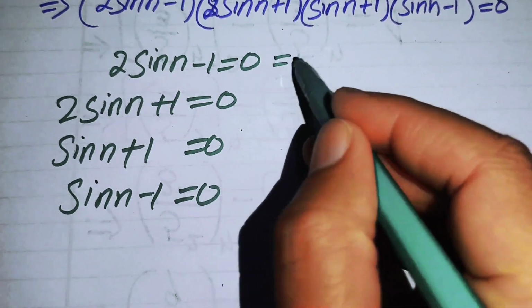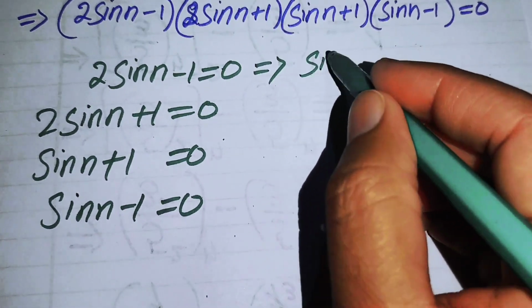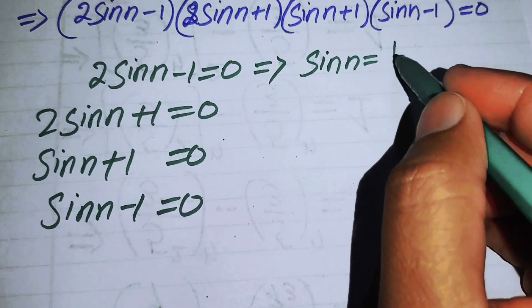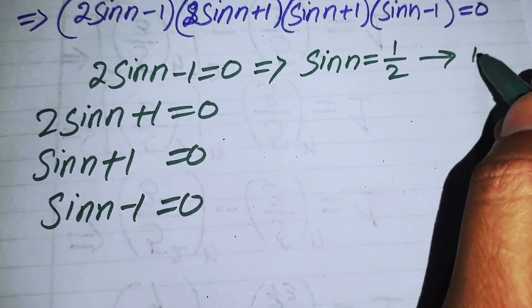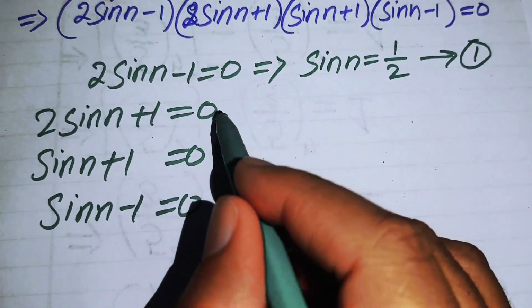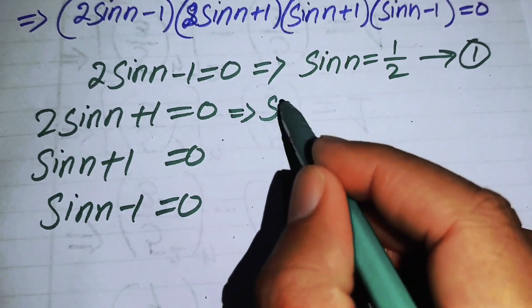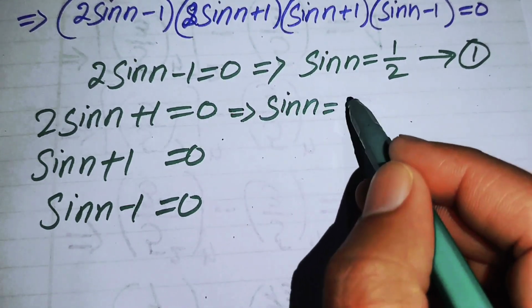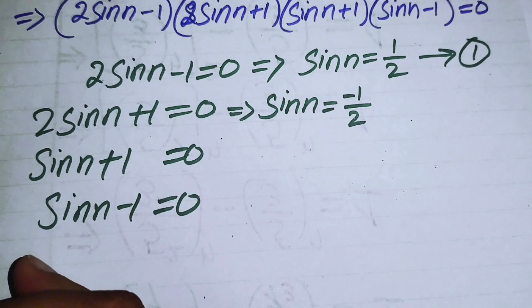Our first factor implies that sine of n equals 1 over 2, and I can name this equation number 1. The second factor implies that sine of n equals minus 1 over 2.